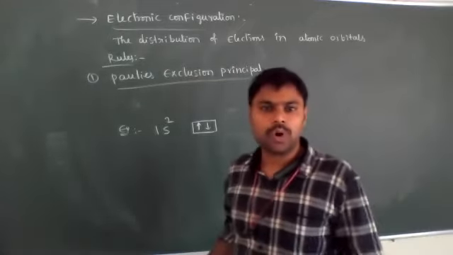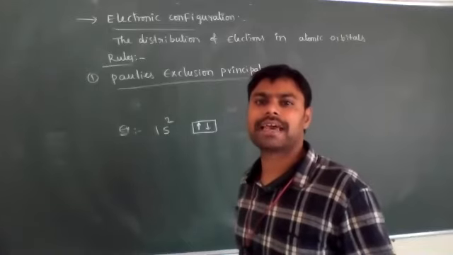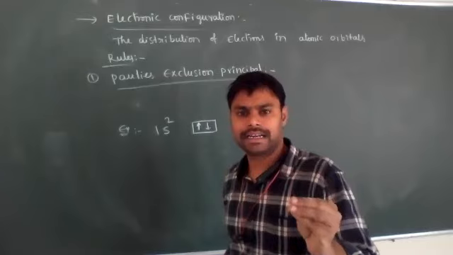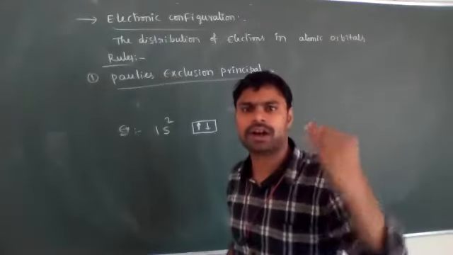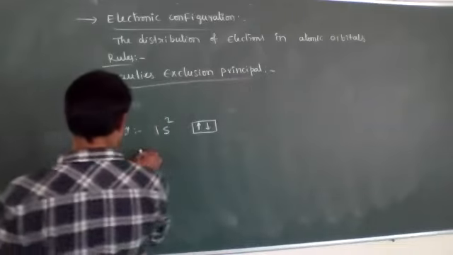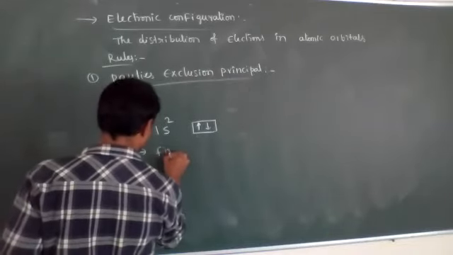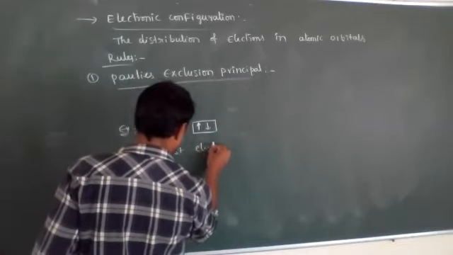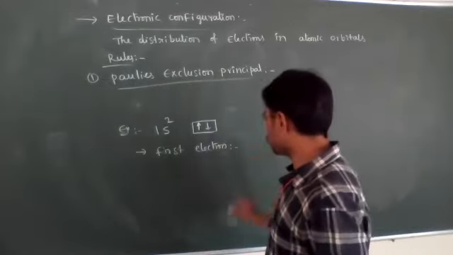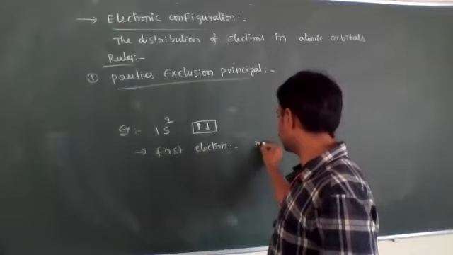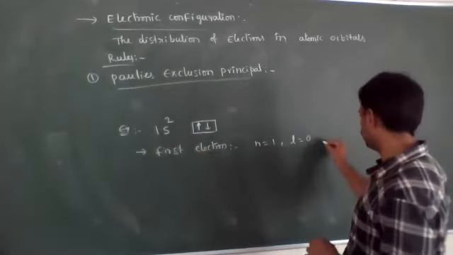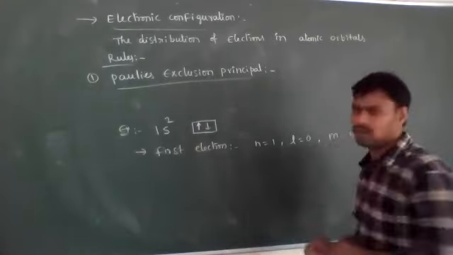What he said is that no two electrons have the same set of 4 quantum numbers. Any two electrons never have all 4 quantum numbers equal. Here this is one electron, this is the second electron. Let's see the first electron's 4 quantum numbers. n is fixed, n is equal to 1, and l is equal to 0 for an s orbital, and m is also 0.